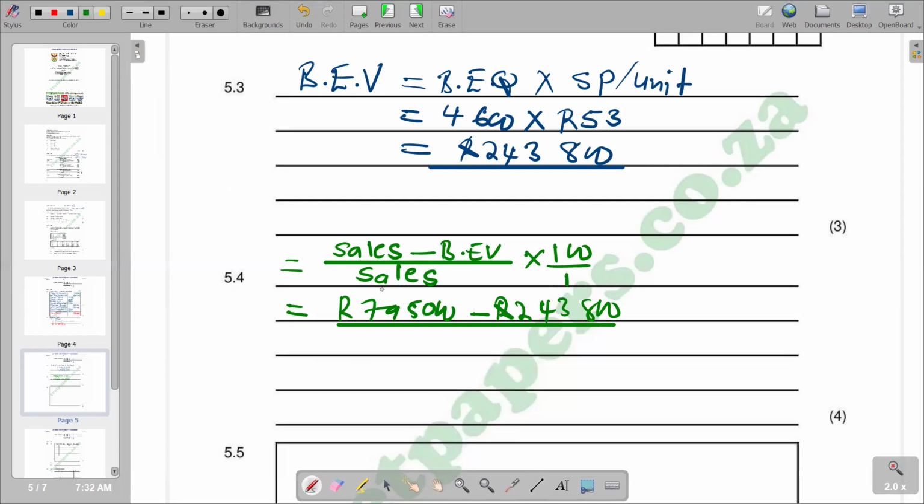Our sales is 795,000. And of course, we are going to multiply by 100 over 1.